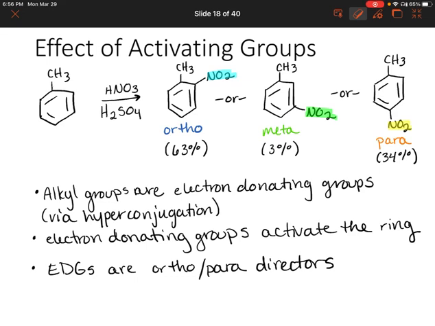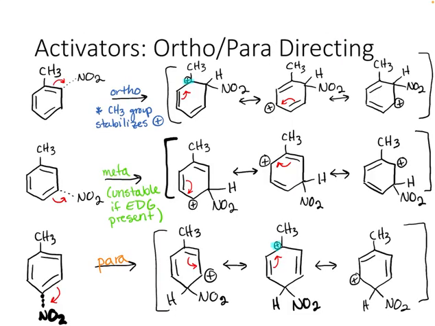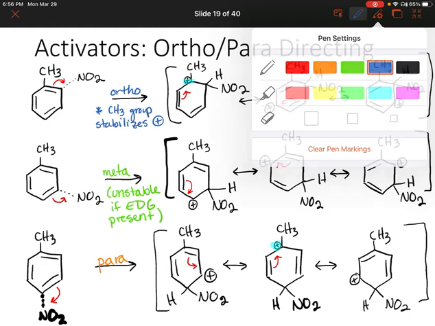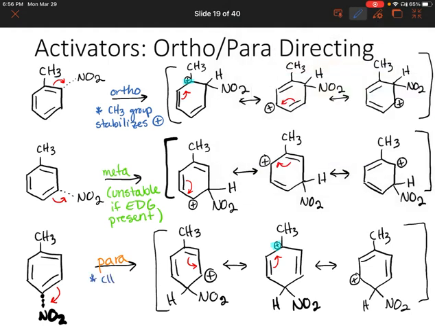All right, so again, electron donating groups are ortho-para directors, and that is because looking at the intermediates, the sigma complex for the ortho and para reactions are more stable. All right, and I'm just going to add one last note down at the bottom here that the CH3 group again stabilizes that positive charge.